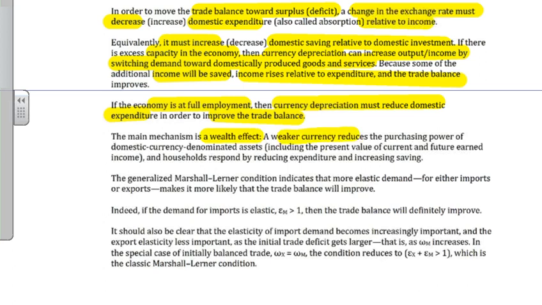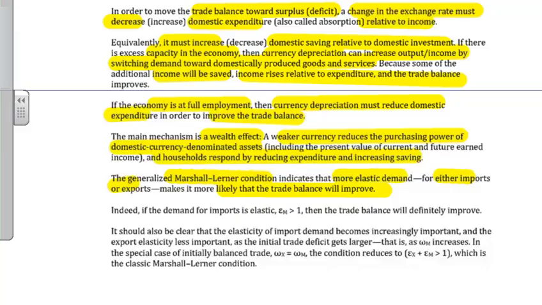A weaker currency reduces the purchasing power of domestic currency denominated assets, and households reduce their expenditure because it's worth less to spend, and they increase their savings. So after all of that, the generalized Marshall-Lerner condition says that the more elastic demand, for imports or exports, the more likely that the trade balance will improve.